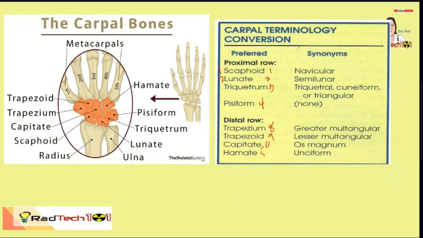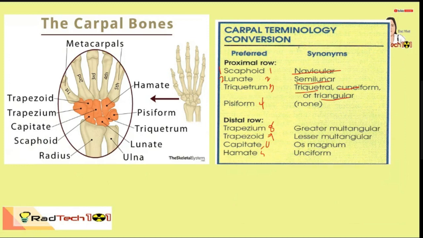So the other term for scaphoid bone is navicular carpal bone. Lunate is semilunar. Trichitrum or triquetral or cuneiform or triangular. So other term siya ha. Then pisiform, this is the only carpal bone that has no other name.